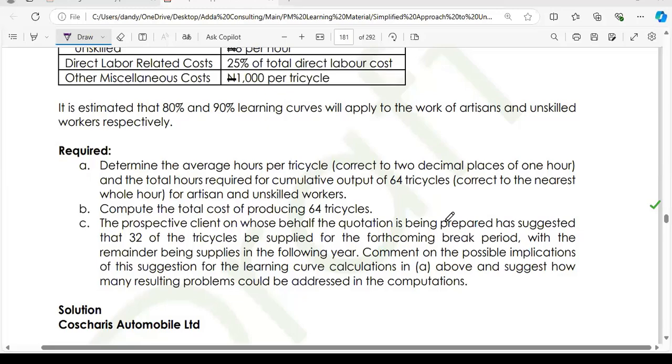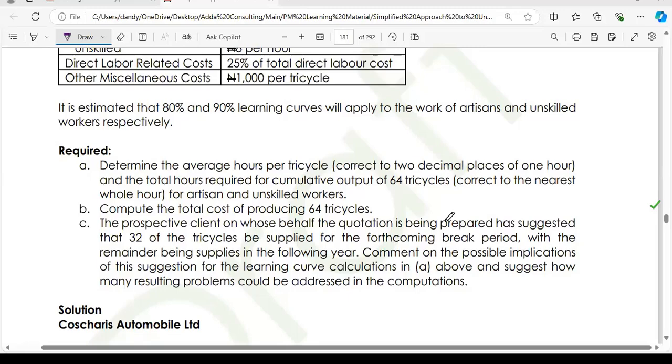C, the prospective client on whose behalf the quotation is being prepared has suggested that 32 of the tricycles be supplied for the forthcoming break period, with the remainder being supplied in the following year. Comment on the possible implications of this suggestion for the learning curve calculations in question A above, and suggest how any resulting problems could be addressed in the computations. Thank you very much, Timmy.